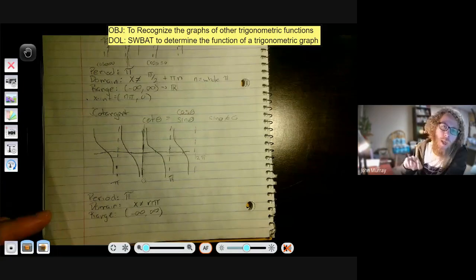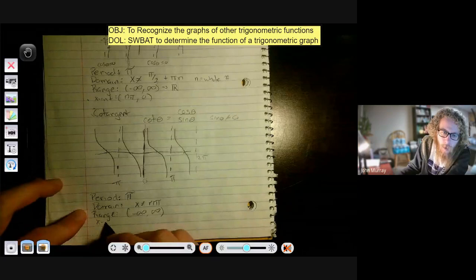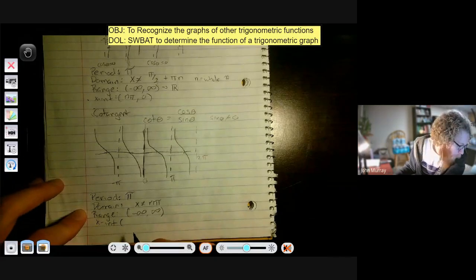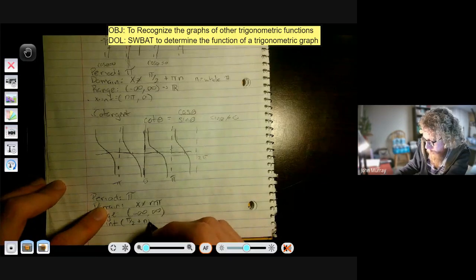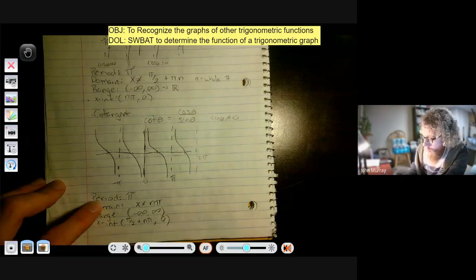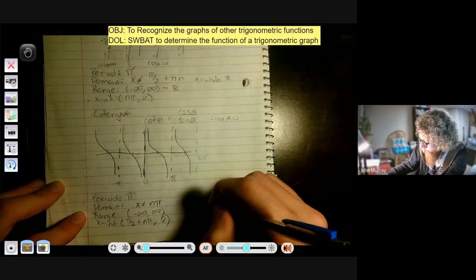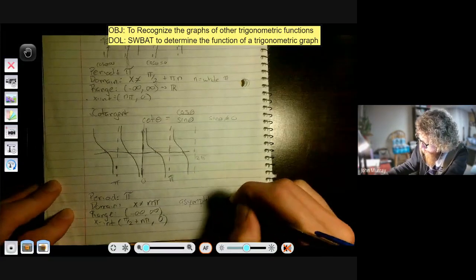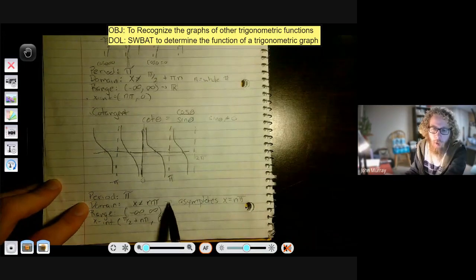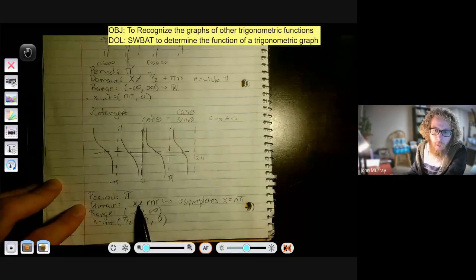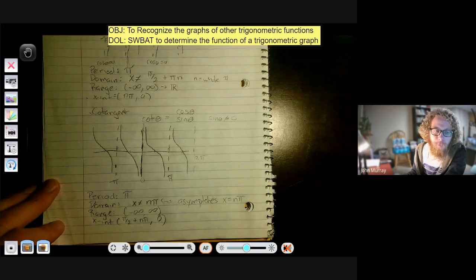So now our asymptotes and our x-intercepts swap. So my x-intercepts are going to be at pi over 2 plus n pi, comma 0. These two are directly related because my domain can't be n pi, my asymptotes are n pi.